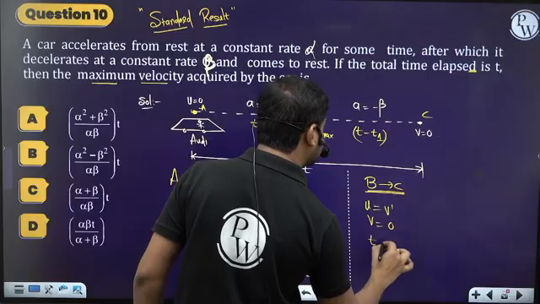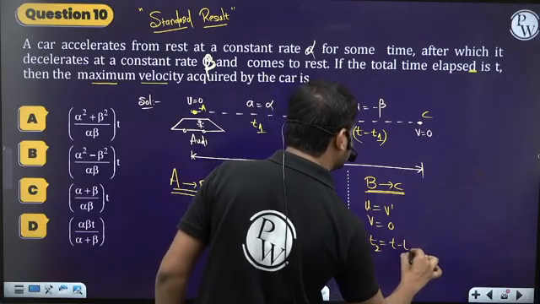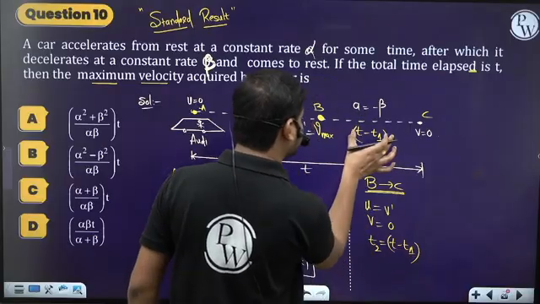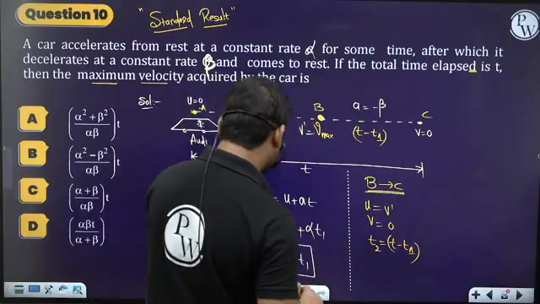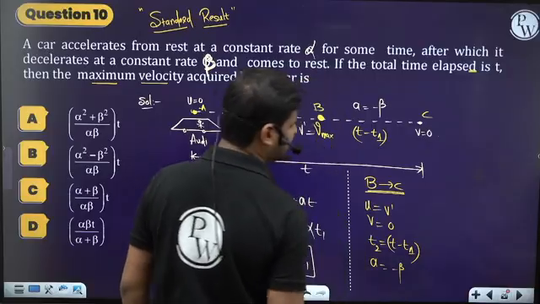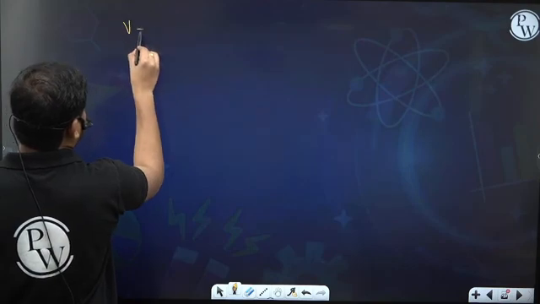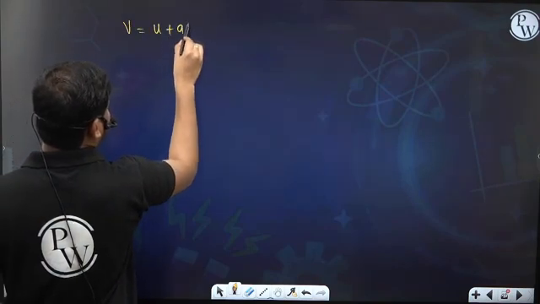So the time taken t2 is equal to t minus t1 here. And then what else did they give? The acceleration a is equal to minus beta. So let me do it in the next page. Then let me use the same equation, v is equal to u plus at.